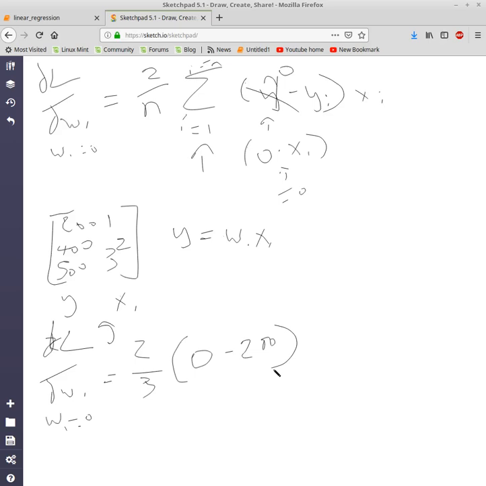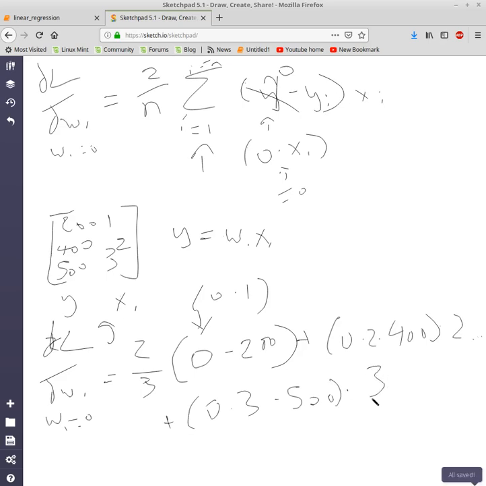For this example, w1 is 0, so y hat is 0 times x1, where x1 equals 1, minus 200 times 1, plus 0 times 2 minus 400 times 2, and we're just going to continue it here, plus 0 times 3 minus 500 times 3, and we divide everything by 3.